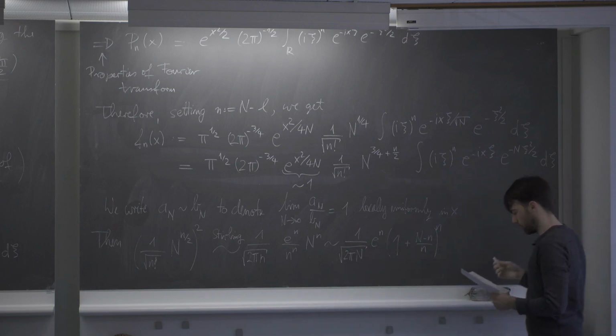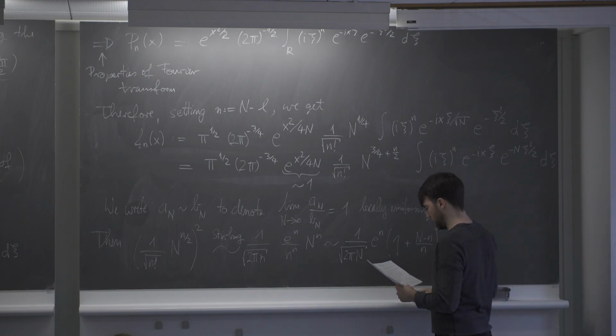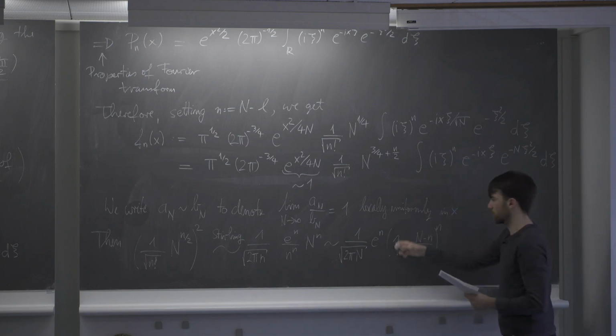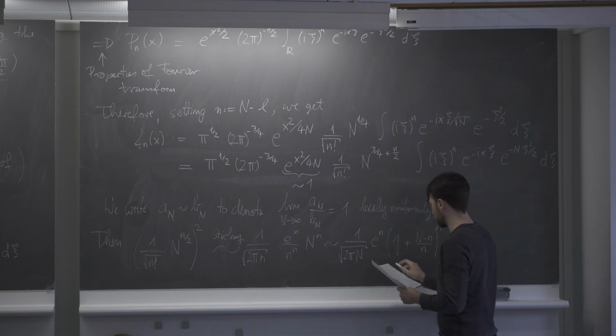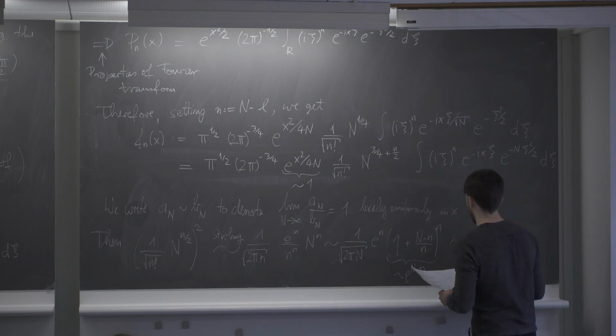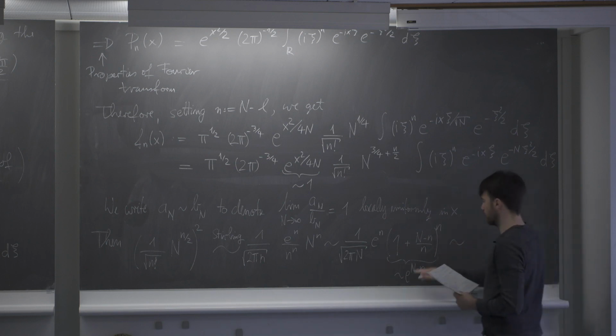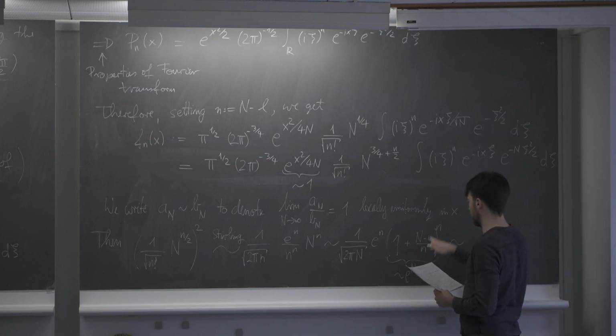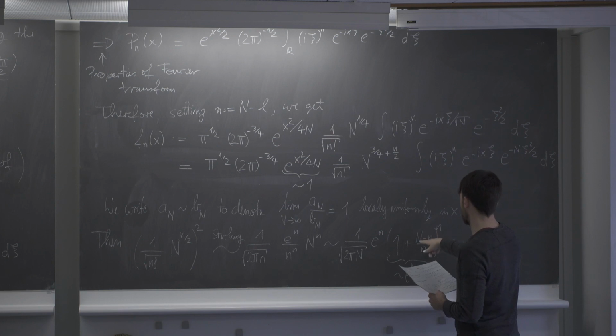And now you might recall that this is somewhat an approximation of the exponential function. So this whole thing here together will behave like e to the, and now the argument is n to the minus n. And well, this needs a little check because somehow this n goes to infinity, and the argument here, this is just an L, right?